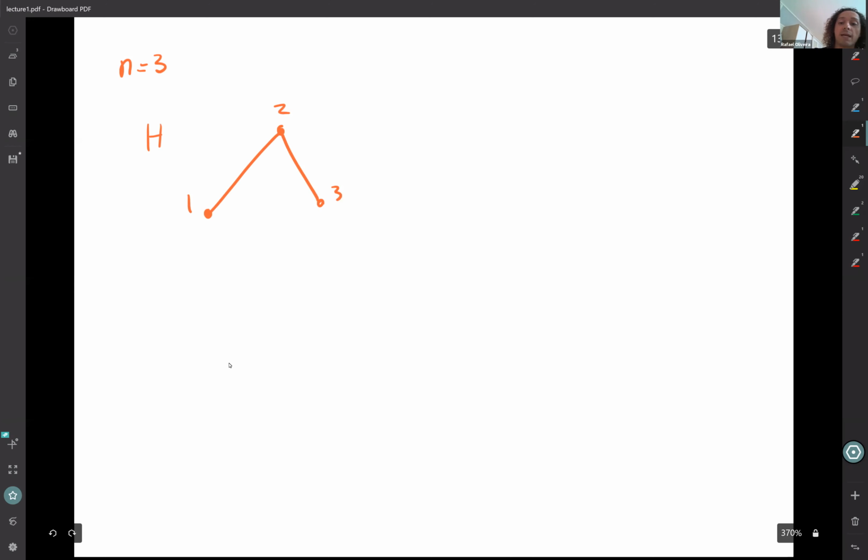What is the vector that corresponds to H? Let's describe the space V. V is the space C, 3 choose 2, which is exactly C3. The coordinates of V are indexed by the sets 1,2, 1,3, and 2,3.